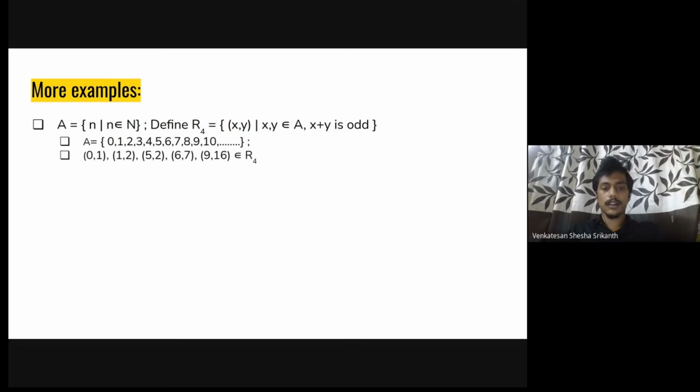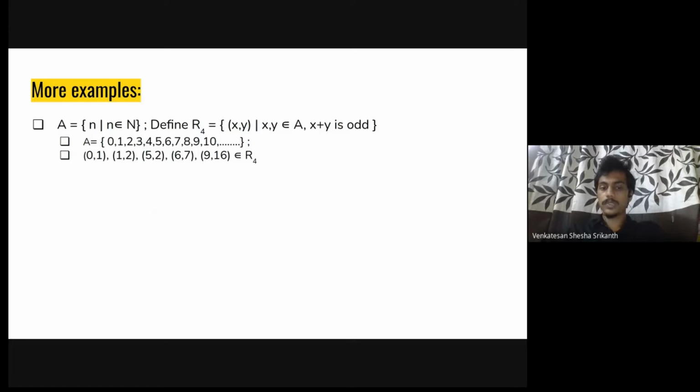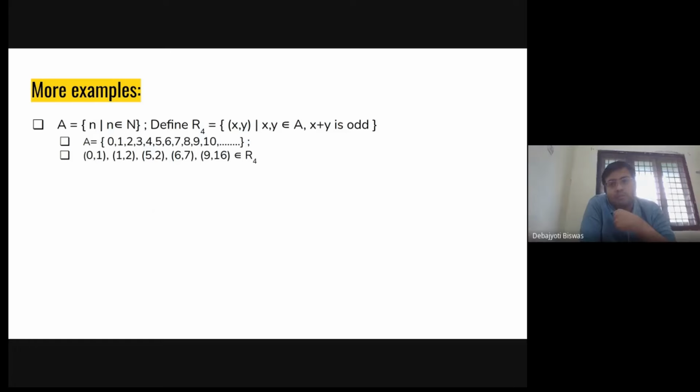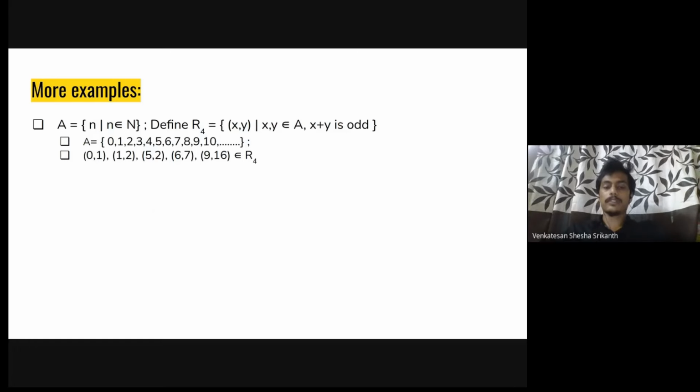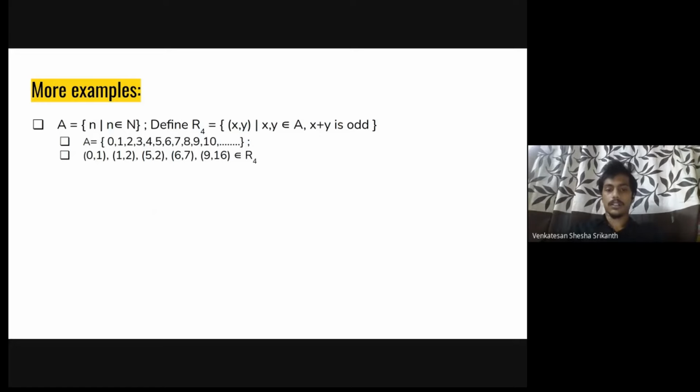What elements can be in R4? Elements like (0, 1), (1, 2), (5, 2), (6, 7), (9, 16), where the sum should be an odd number. So 0 plus 1 is 1, which is odd. 1 plus 2 is 3, which is odd. Likewise 9 plus 16 is 25, which is odd.